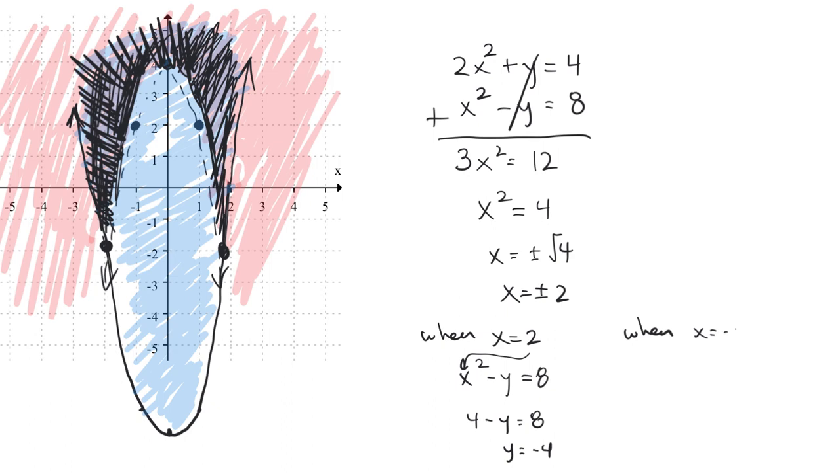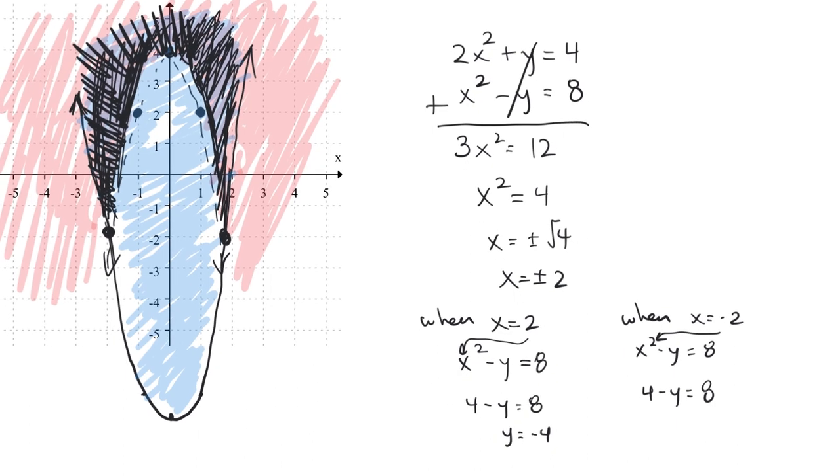When x equals negative 2, I'm also going to use that same equation, x squared minus y equals 8. Plug negative 2 in for x. Negative 2 squared is 4. So we also get y equals negative 4. So we have one intersection point at 2 comma negative 4, and then the other one is negative 2 comma negative 4. That's the location of both of those vertices.